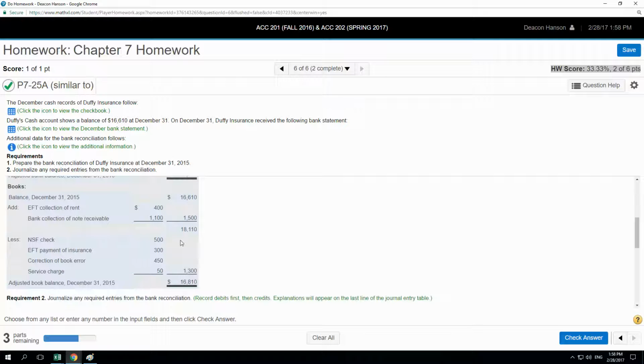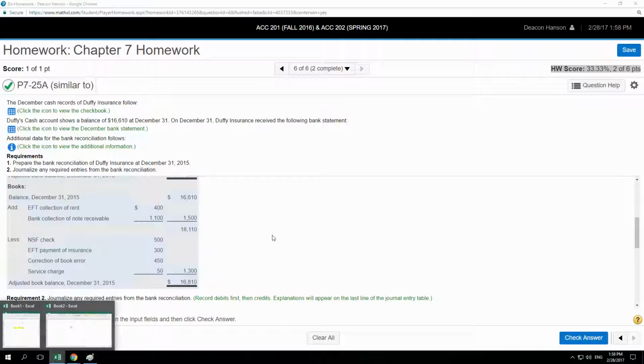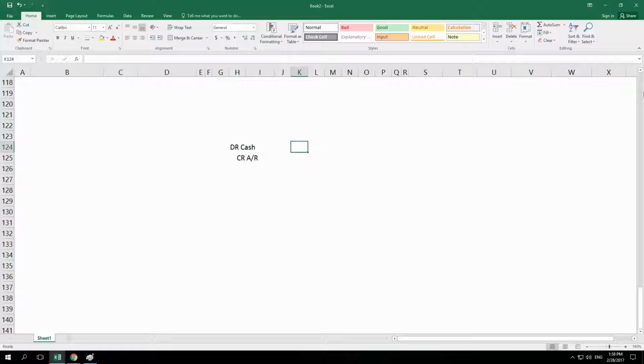Hold on, 500, right? So this is probably what happened first when you collected it. Then you went down and made the deposit, you took it to the bank. The bank tried to clear the check and the customer's account didn't have the 500 in there. So they couldn't honor the check, and they kick it back to you as an NSF check on the bank statement.